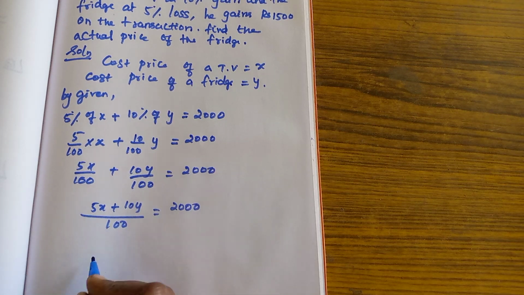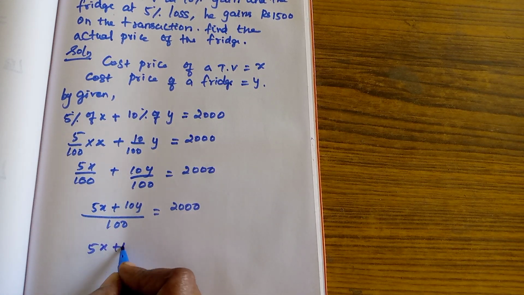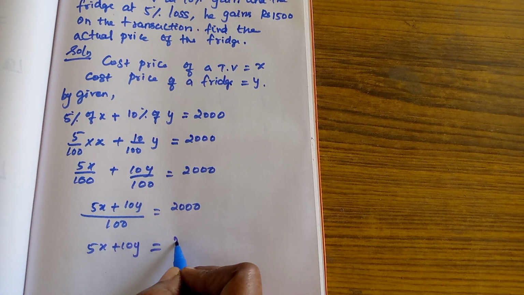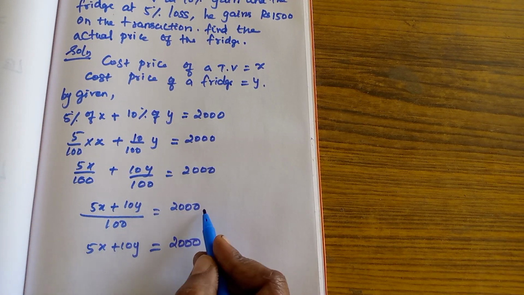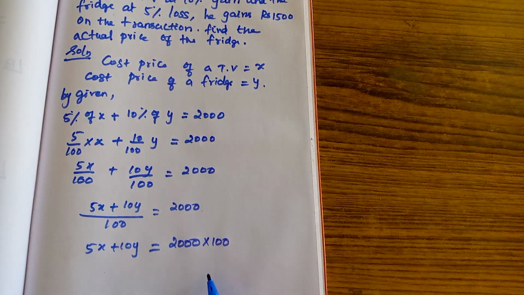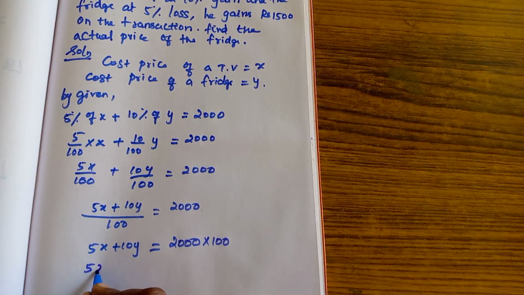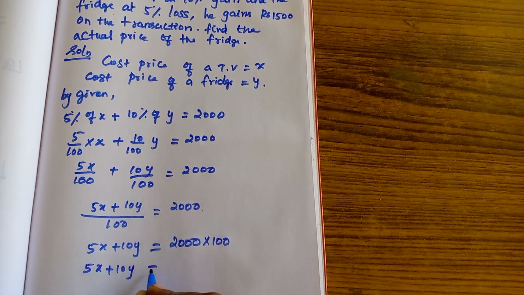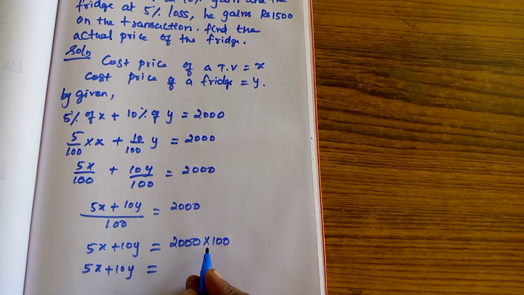This 100 we bring here, so division becomes multiplication: 5x plus 10y is equal to 2000 into 100, which is 2 lakh.